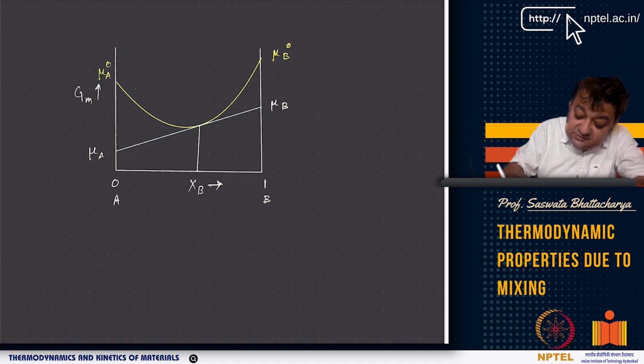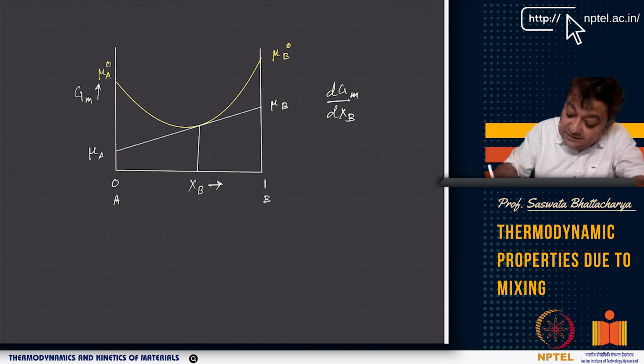See, this is mu B0, this is higher, while mu B is less and mu A is less. And this is your Gm, and the slope of this tangent line is dGm/dxB, which is (mu B minus mu A) by (1 minus 0), equal to mu B minus mu A.